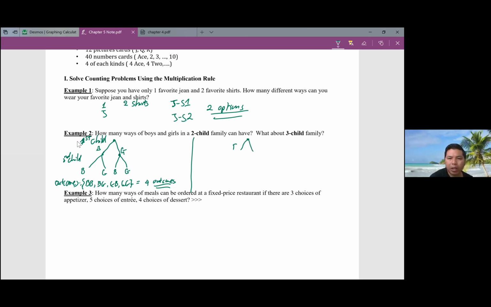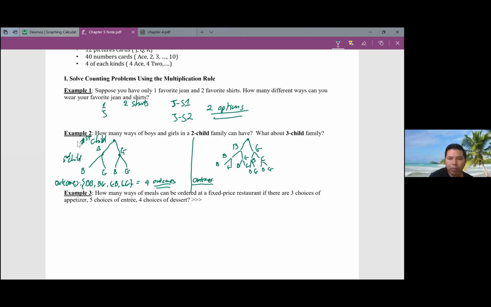You can see here boy and girl for each child. Now if we look at the outcomes, let's see how many there are.